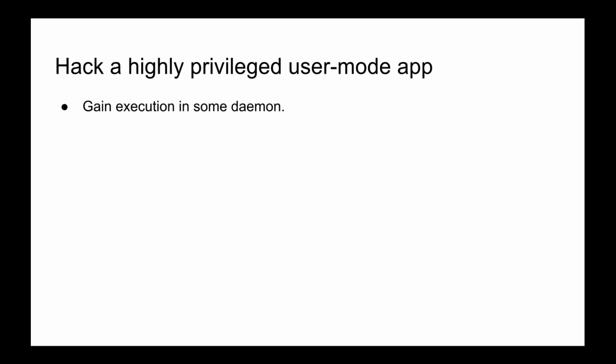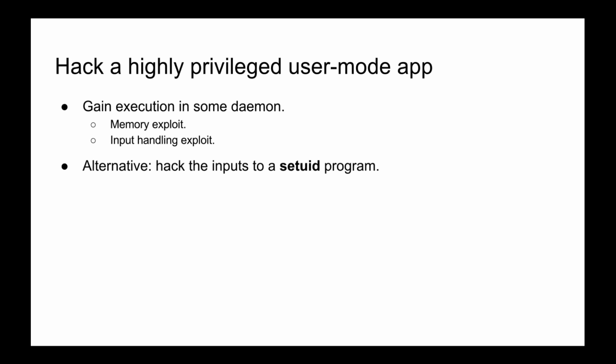In this case, you want to gain execution in some daemon, either through a good old memory exploit or, more generally, by exploiting a fault in the way this daemon handles its input, or a fault in the protocol for handling inputs, either from the design or the implementation. As an alternative on Unix, you can hack the input parameters to a setuid program.